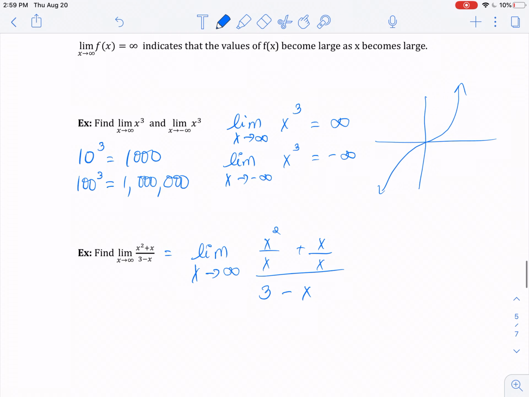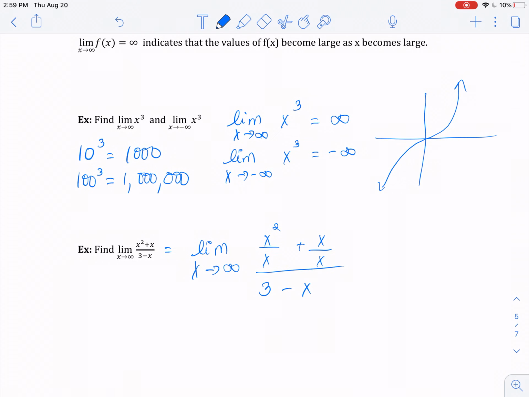So what we have is the limit as x approaches infinity, and we have x plus 1 on top. On the bottom, we have this.